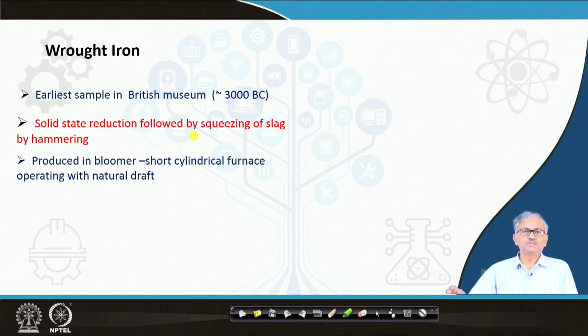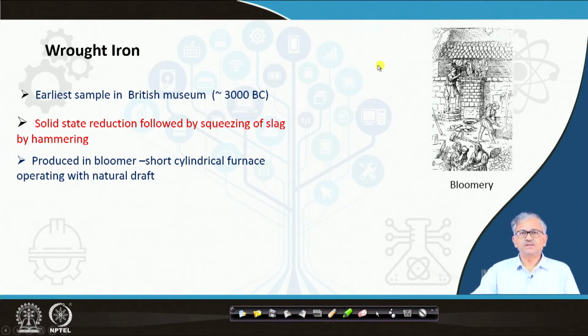Now it is produced in a bloomery, basically a short cylindrical furnace operated with natural draft, as I said, and you can find a picture of it. You can see the hole, and the air goes through it by natural draft. They made a cylindrical furnace of stone, and inside they put the iron ore, coal, whatever it may be, and the air went through by natural draft.